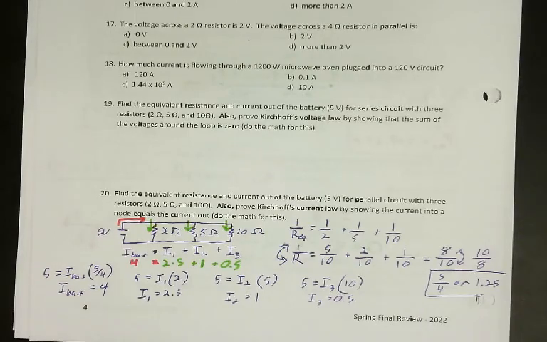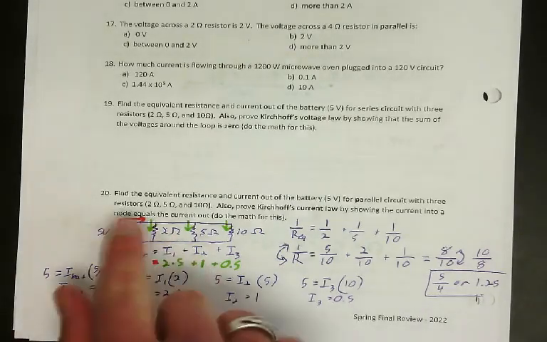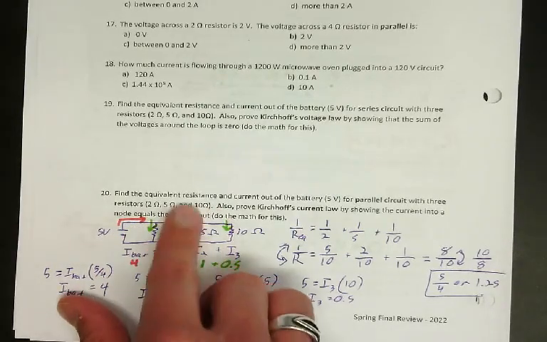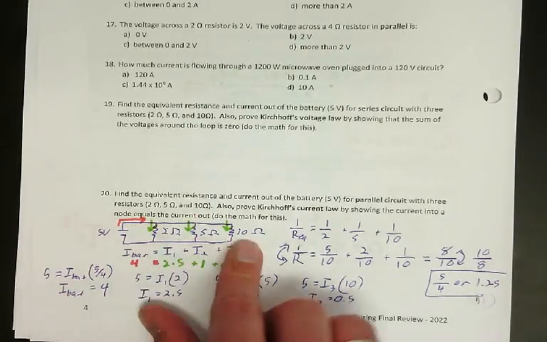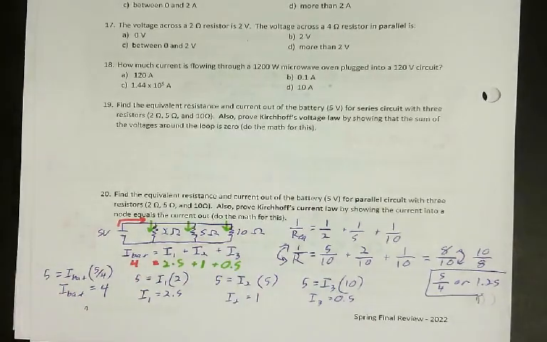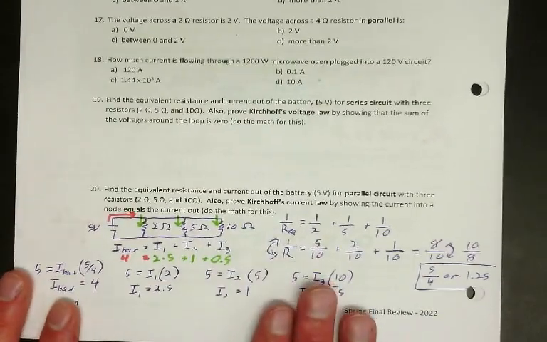I may say something like the battery's current is 10, the current through the first one is 5, current through the second one is 2. Find the voltage of the third one. Well, you would do V equals IR because you know what I is, and you just go from there. Okay? So that's kind of something you could see, but like I said, it would be a little less complicated than that.